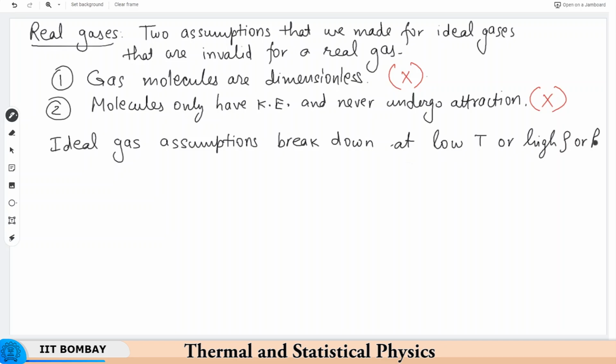So this is where we imagine that it is more and more important for us to start worrying about these assumptions that we made for ideal gases.